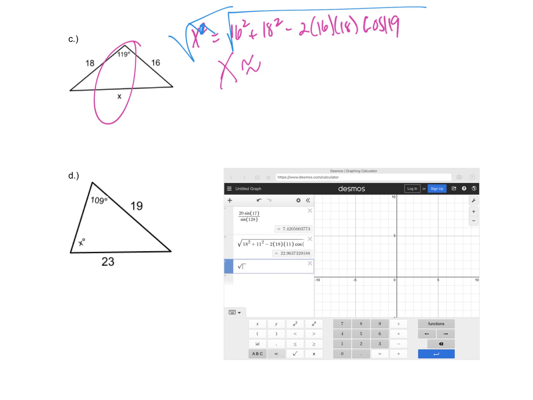Square root of 16 squared plus 18 squared minus 2 times 16 times 18 times the cosine of 119. So that makes it 29.3 as my answer.